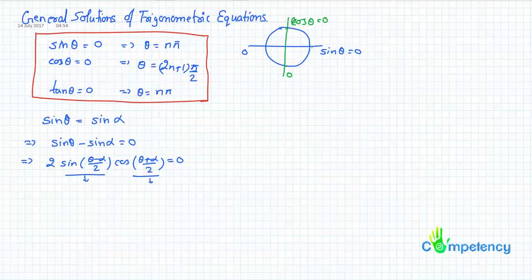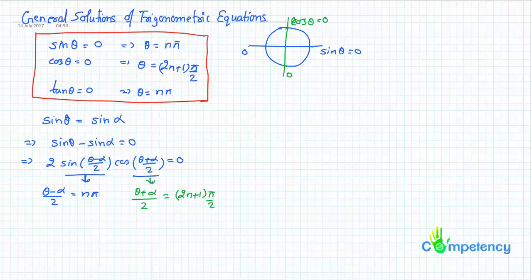So from this part I can say that (theta minus alpha) by 2 is equal to n pi, and from this part I can say that (theta plus alpha) by 2 is equal to (2n plus 1) pi by 2, where obviously n is an integer.